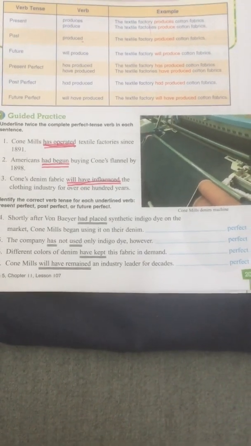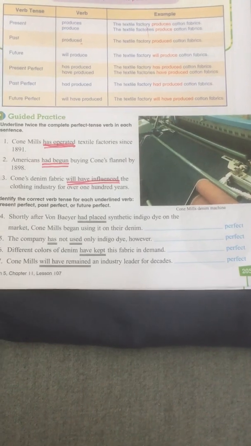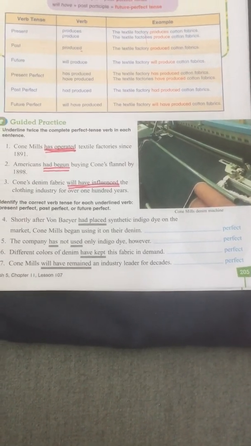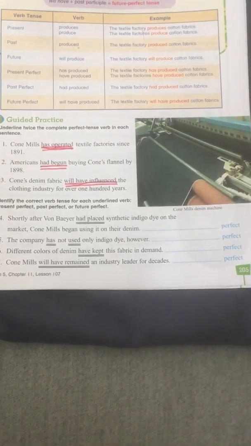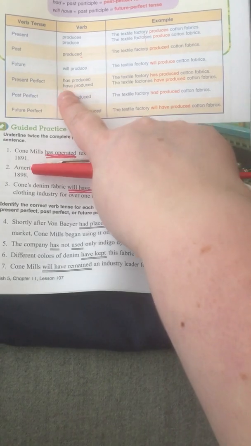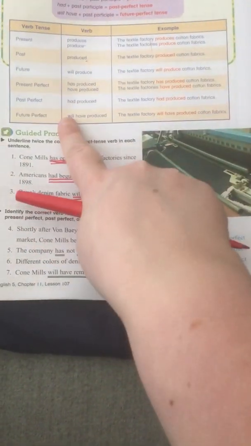Now let's see if we can identify the tense of the verb based on the helping verbs that go with it. What perfect tense is it? Remember, we're looking for present perfect, which has has or have, past perfect, which has had, and future perfect, will have.